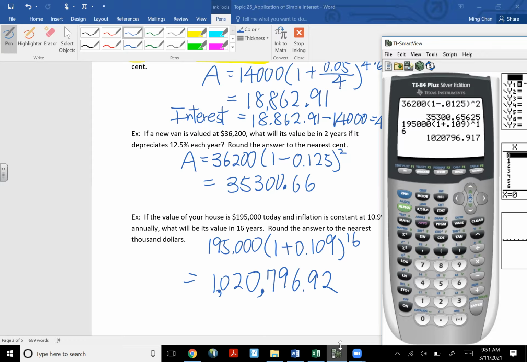Now, here's the thing though, because of competition, maybe the house is not going to be over $1 million after 16 years. Competition is what keeps inflation in check. Think about this: without competition, somebody can monopolize, and then they can charge whatever they want.